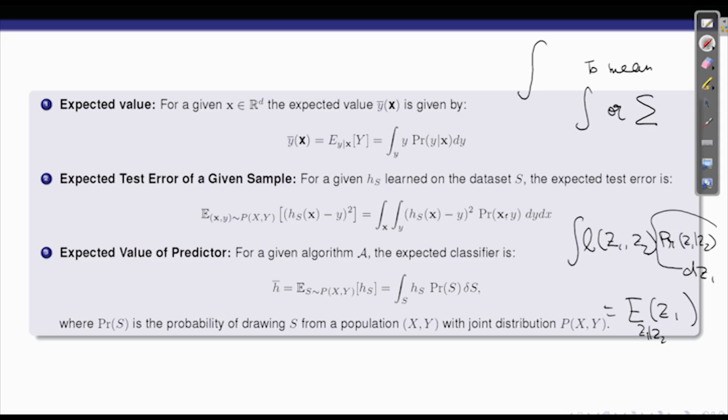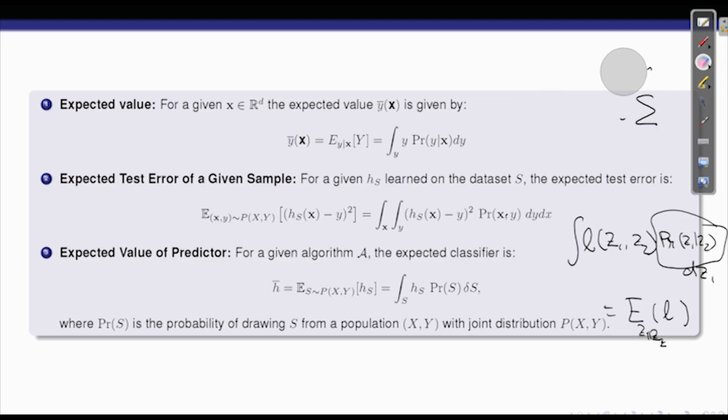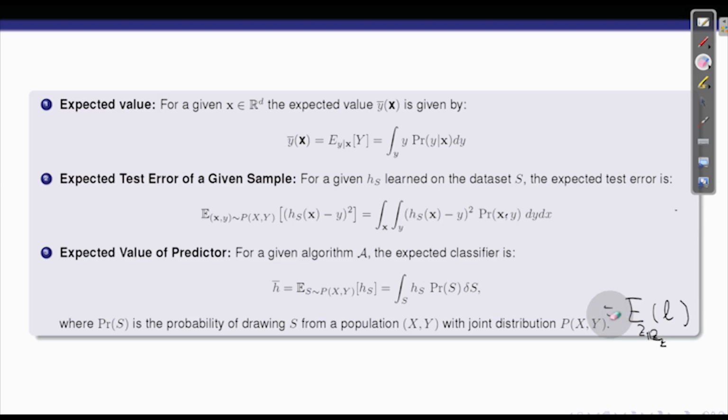We will just use this P_R to simply note the probability distribution you are using to calculate the integral. So it is not the expected value of z1, but the expected value of L with respect to the distribution of z1 given z2. This is what we will mean. Here we defined this earlier, but just to quickly have all of it under the same roof.